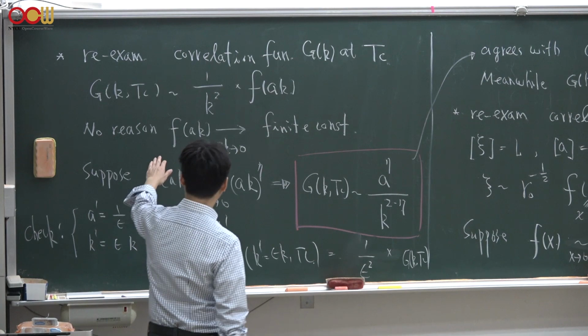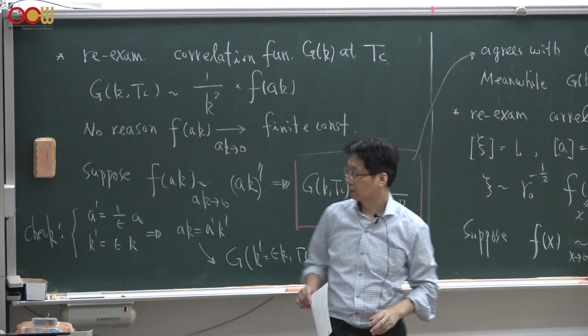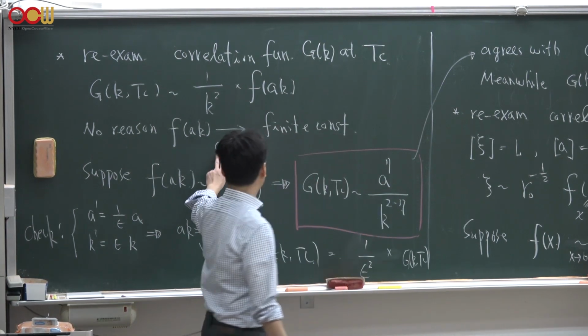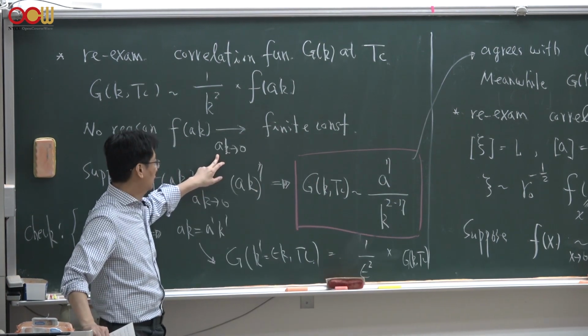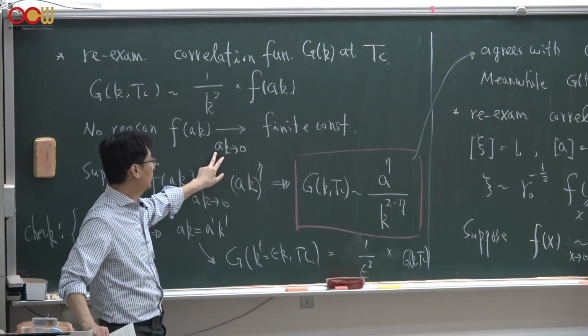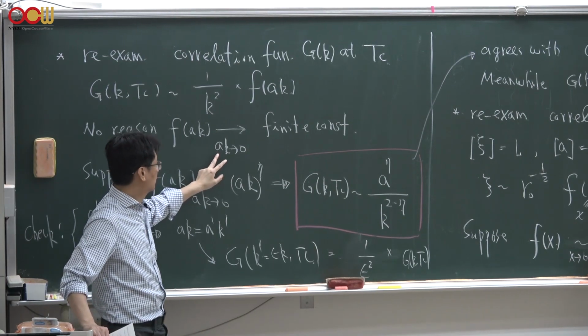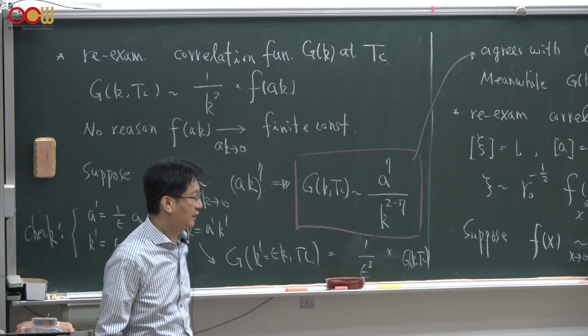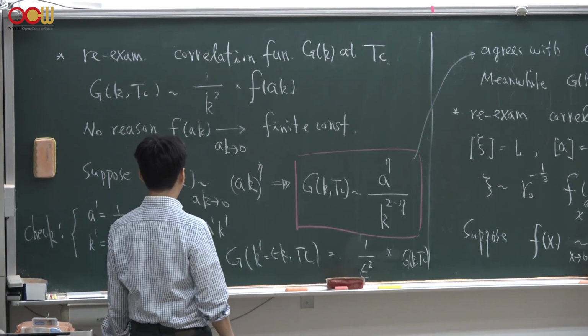But in general, this function f may not be a finite constant as little a approaches 0 at the transition, or as a times k goes to the 0 limit. This f function, the function of a times k, may not be just a finite constant.